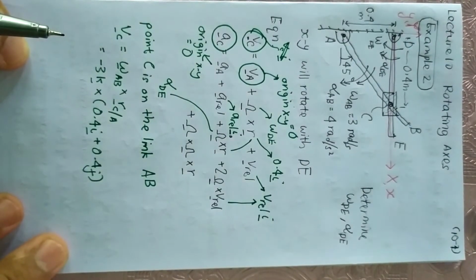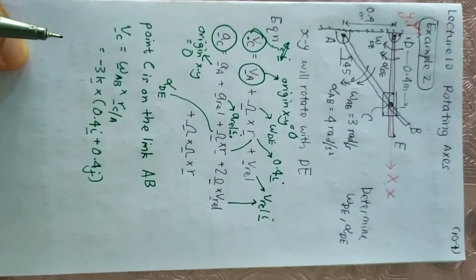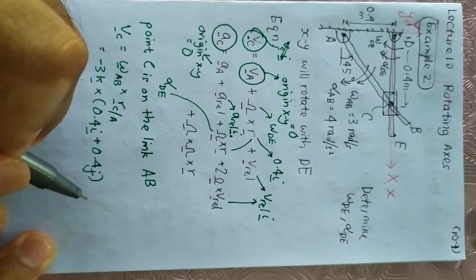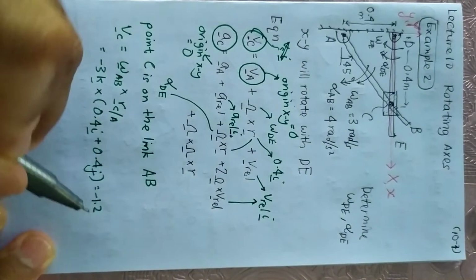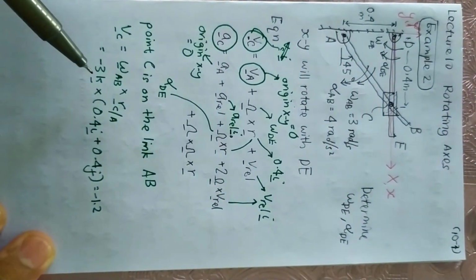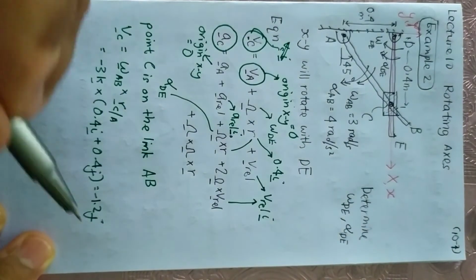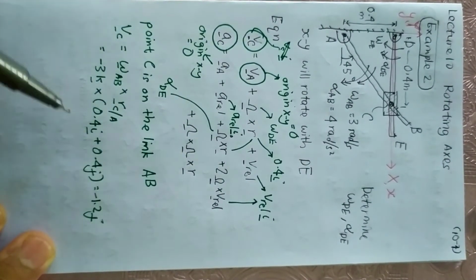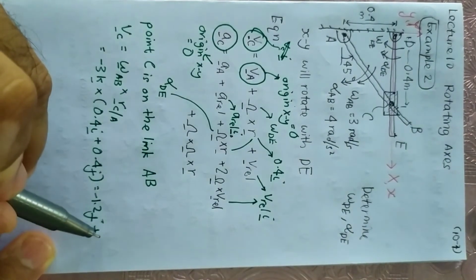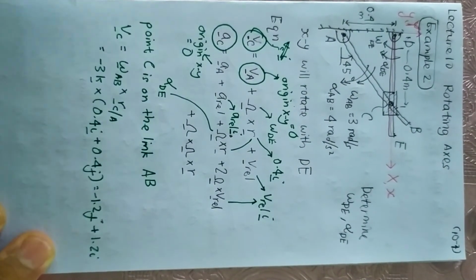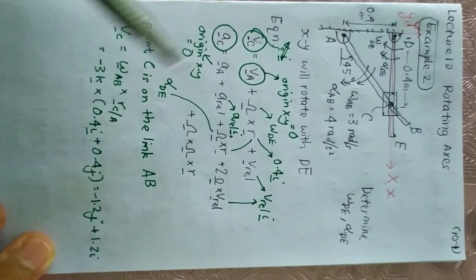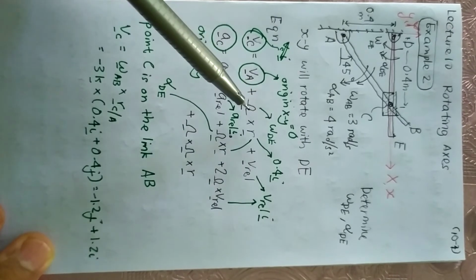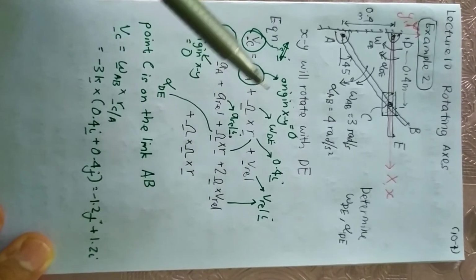That equals k minus 1.2 k cross i, 1.2 k cross j, and k cross j is minus i, so plus 1.2i. So that's your VC. Once we know what VC is, do you know what VA is? VA is 0. And let's do omega cross R.